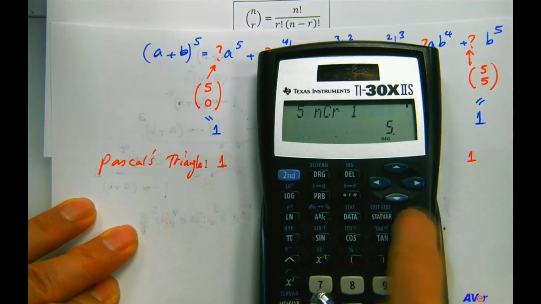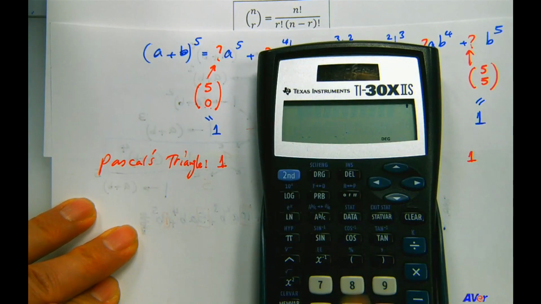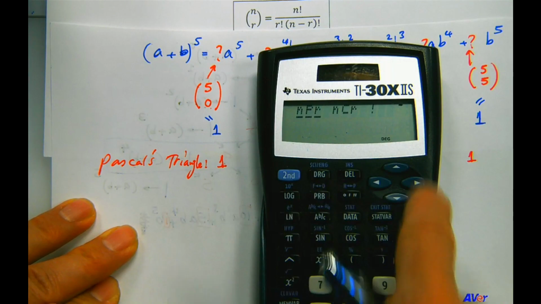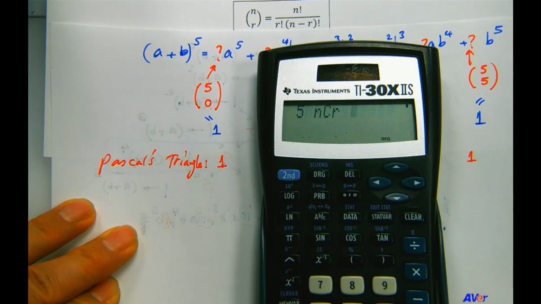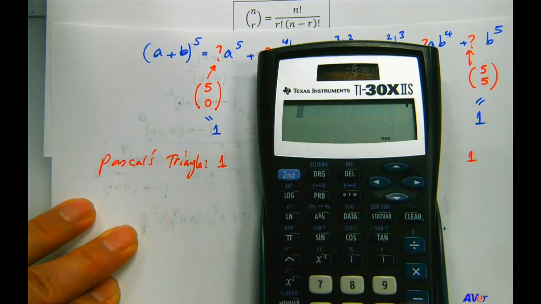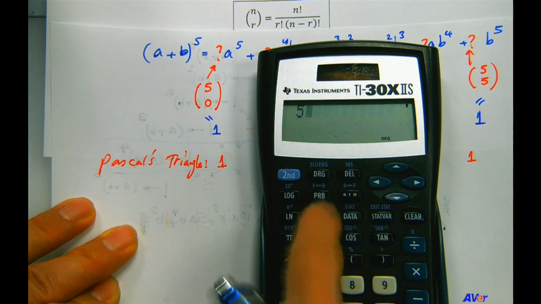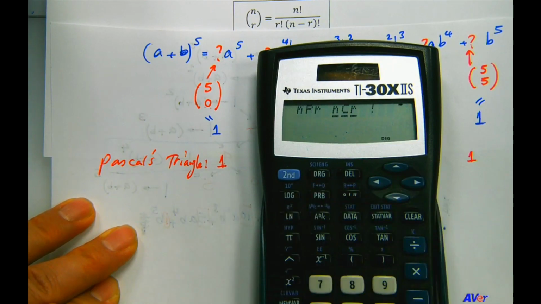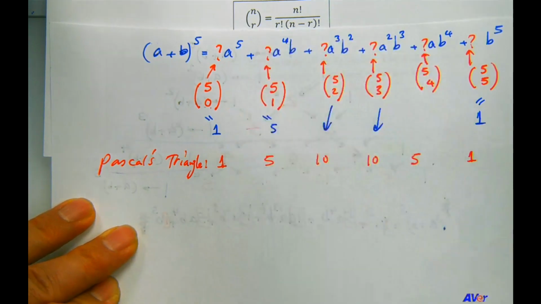Let's see if we do get 10 for those two. So 5 choose 2, 10. Now let's calculate 5 choose 3. 5 choose 3, 10. So we got these two.